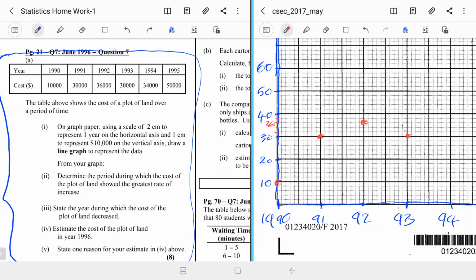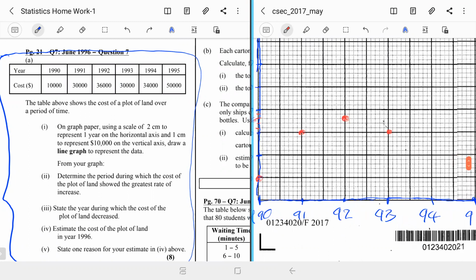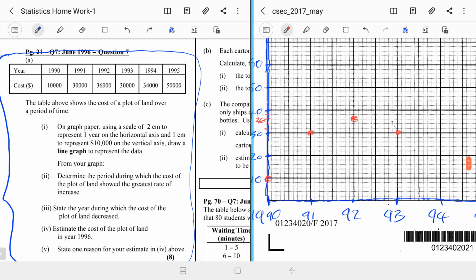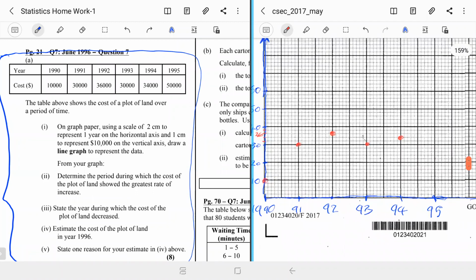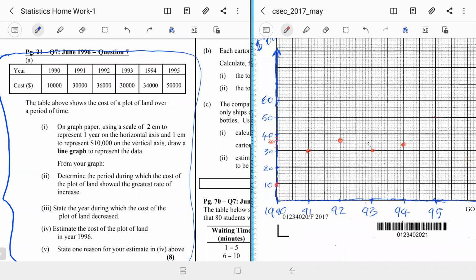In 1994, we jump up to 34, which is right here. And then in 1995, we jump right up to 50.